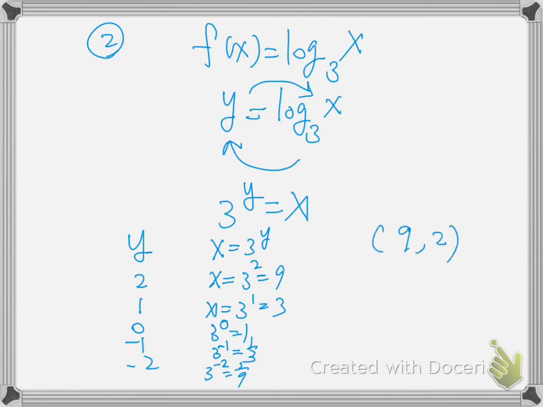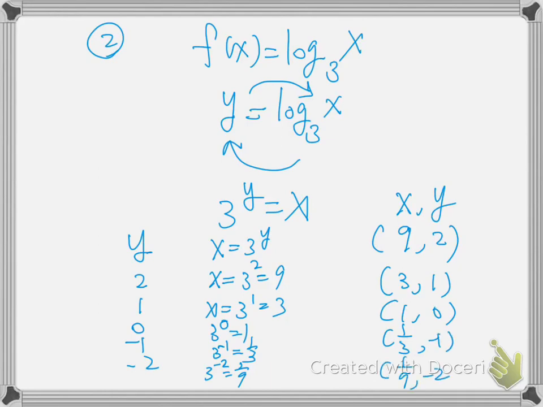When you write down the points, it has to be x comma y, it cannot be y comma x. So (3, 1), (1, 0), (1/3, -1), (1/9, -2). And then you get the picture in my handout. So the log picture looks like this. Okay, so here is the x-intercept, 1.